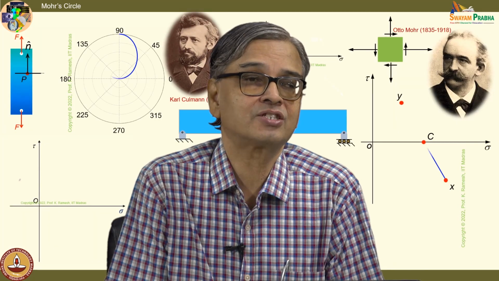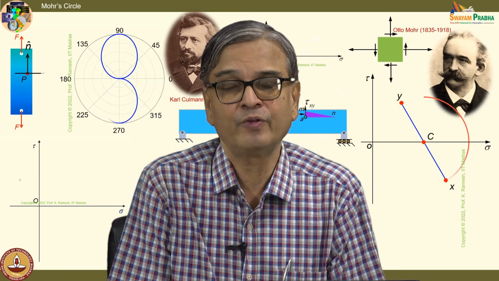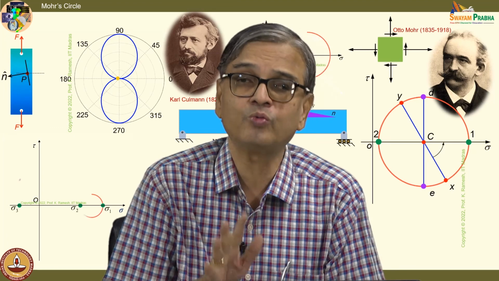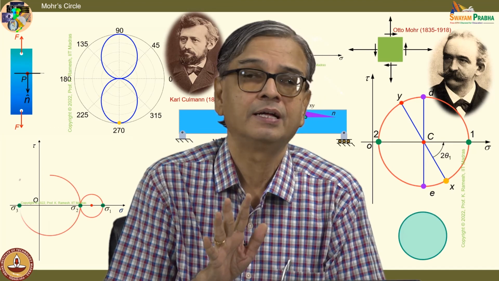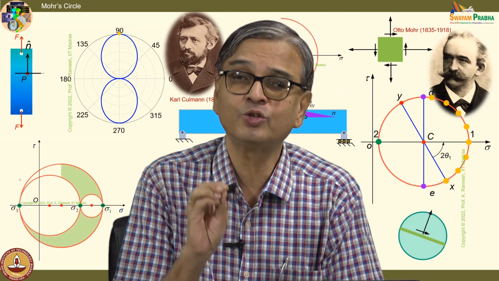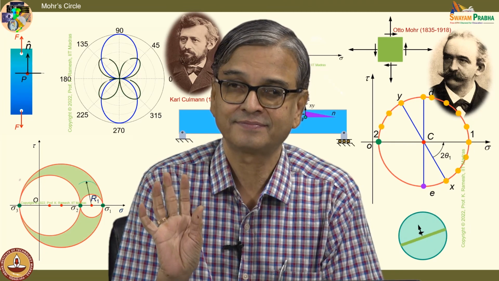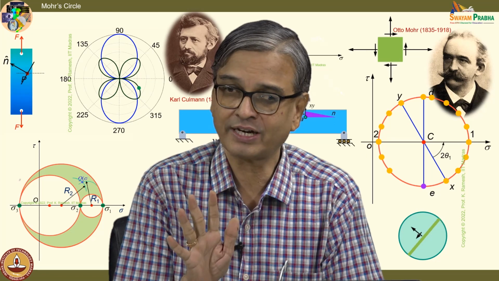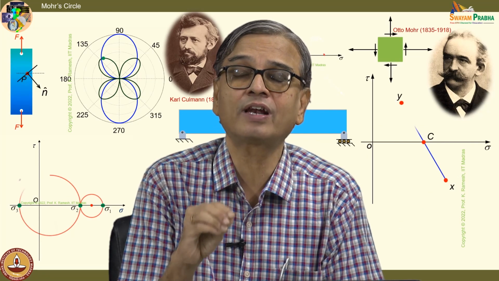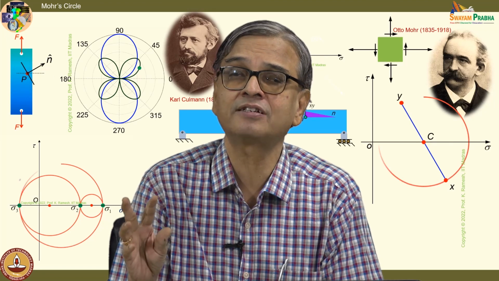So in this class we have looked at various aspects of the Mohr circle. We have also proved that when you plot these quantities, you will get only a circle. And we have looked at how a Mohr circle looks in a true 3-dimensional situation.